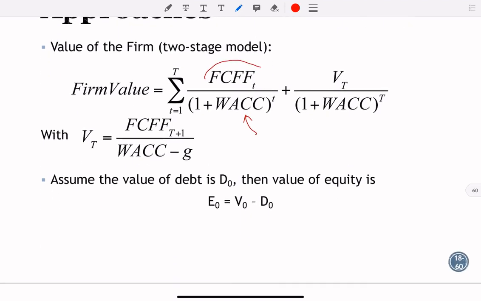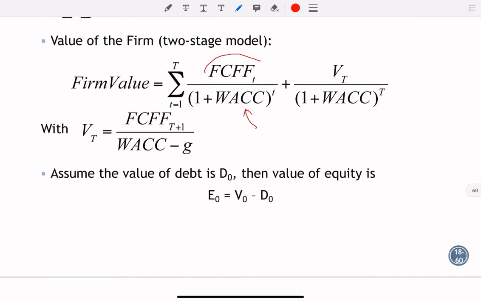So here, let me briefly talk about how to use this FCFF approach to find out the value of the equity. Let's first think about the timeline, right? Let's call this the first period, t equals 1.